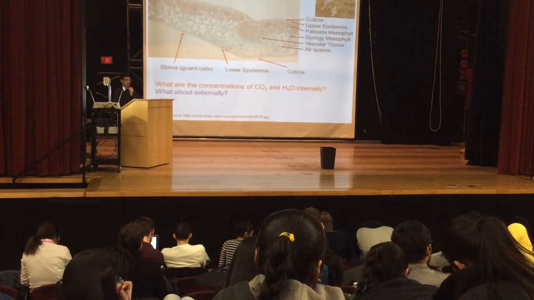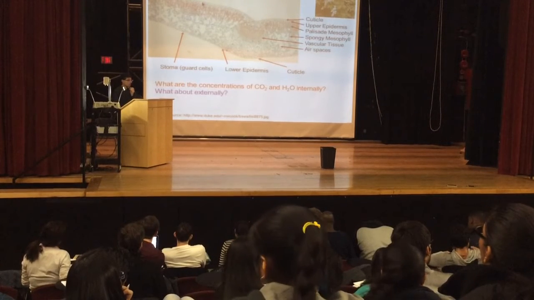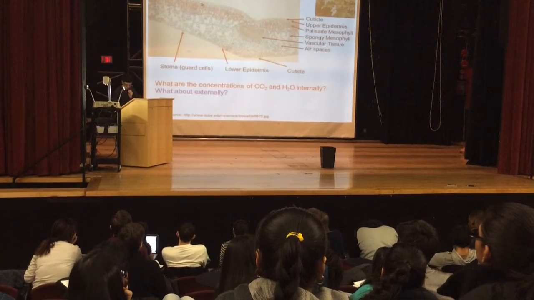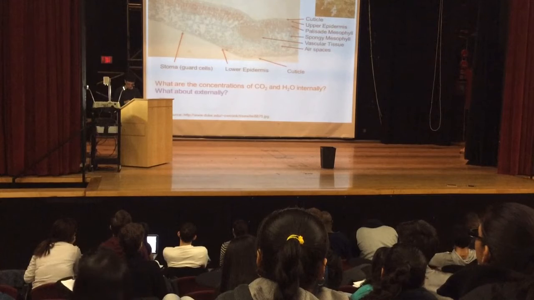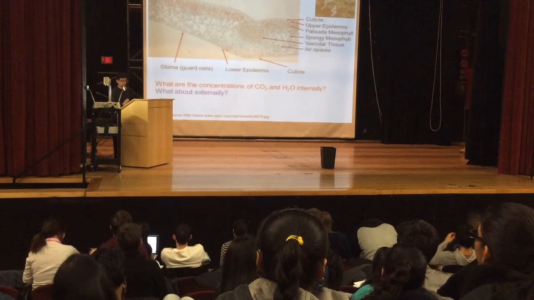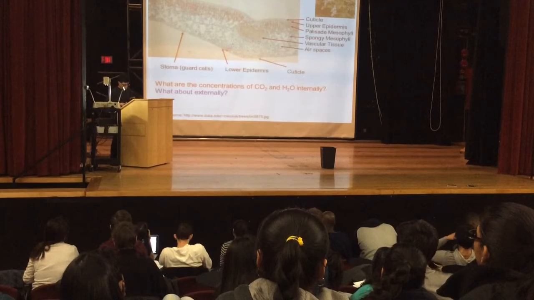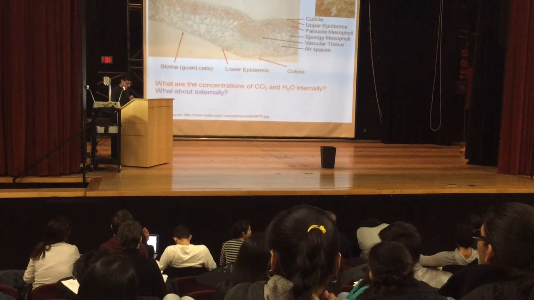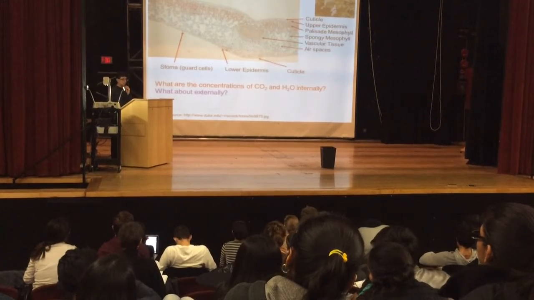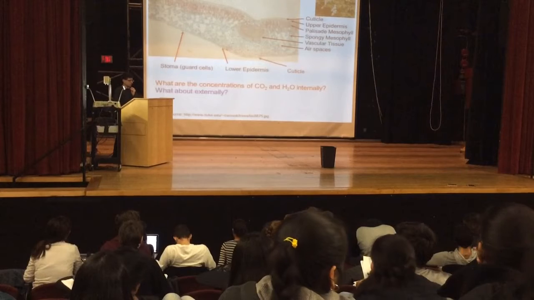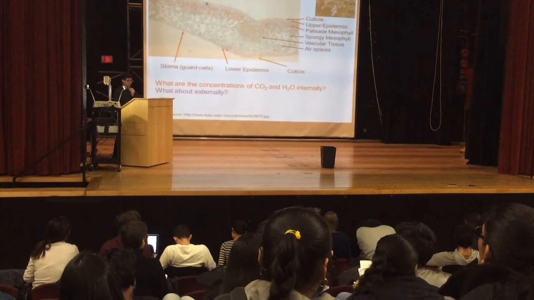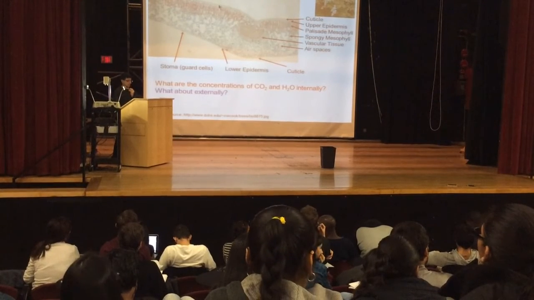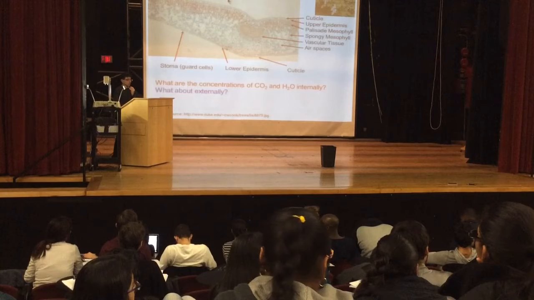If you have damage to the stomata, you can regulate... So I think the question was about mutations in the stomata or damage to the stomata. So what kind of damage would we be talking about?